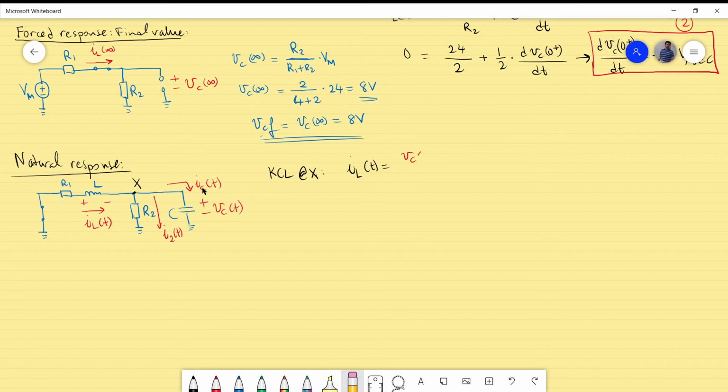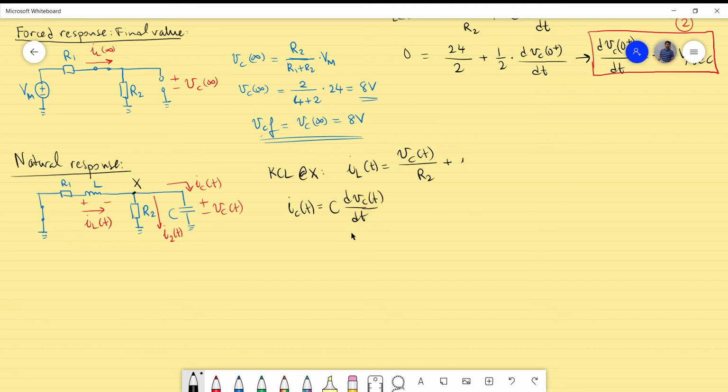Let me erase it and continue with black. So Vc divided by R2, and I have now the capacitor current running here. And what is the capacitor current? The capacitor current is C times the derivative of the capacitor voltage.